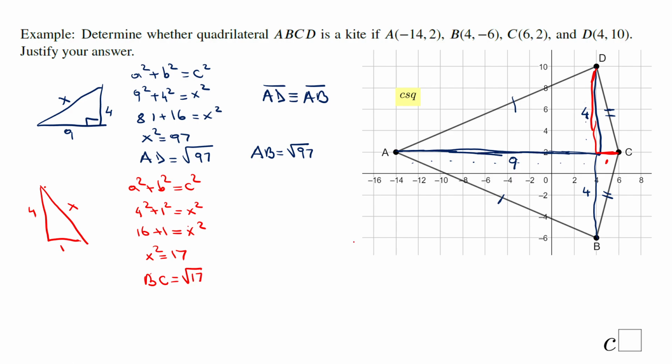Now if you take a look, the second triangle, the bottom one, is going to have the same thing, 4 and 1. So obviously, in fact, this was DC.